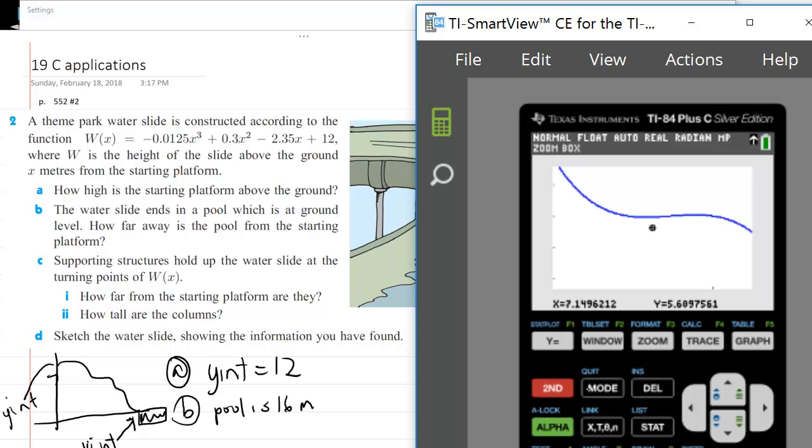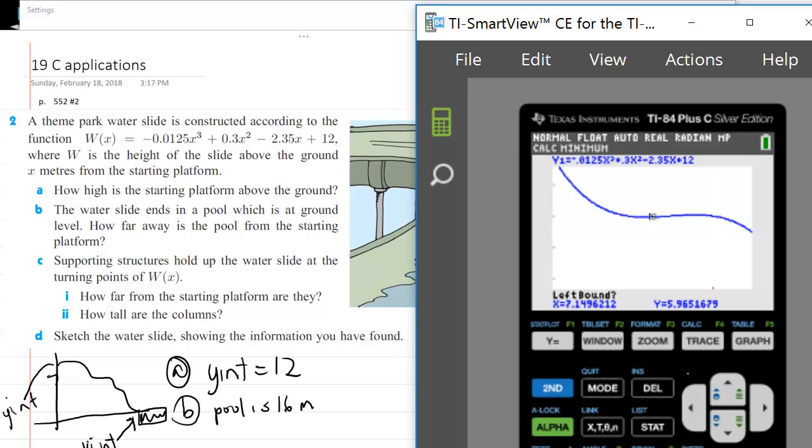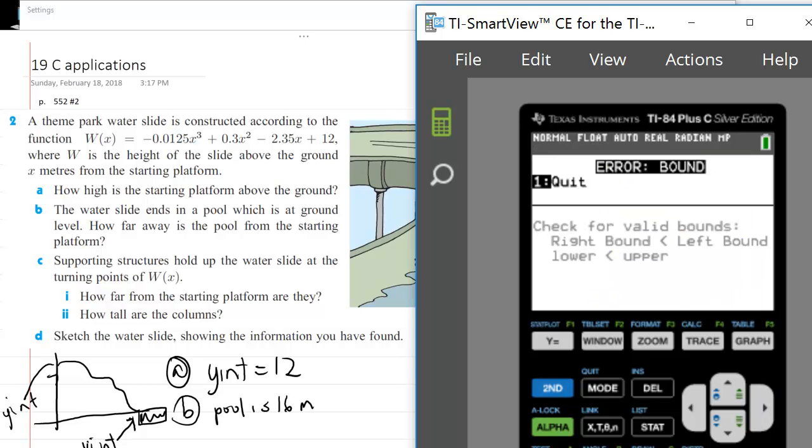So we're going to do second, trace. I want to find minimums. So that's the bottom. So I need to be kind of to the left of where I think the bottom is, and then to the right of where I think the bottom is. Let's try that again.